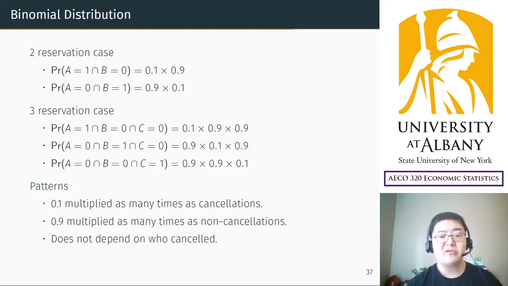And another important observation is that the probability in the end does not depend on who canceled, right? What matters is how many times 0.1 is multiplied and 0.9 is multiplied. You don't need to worry about the order. A may be canceled, but the probability that A cancels but the other does not equals the probability that B cancels and the other does not.